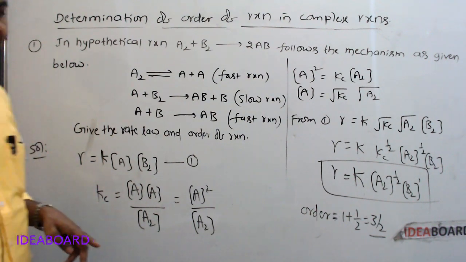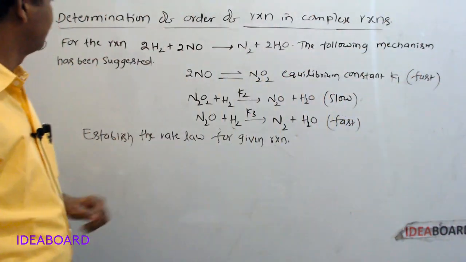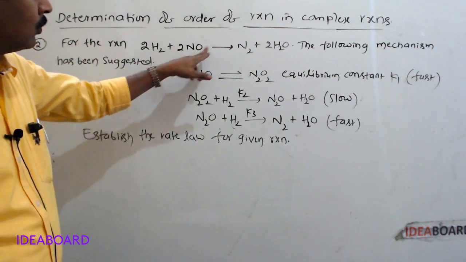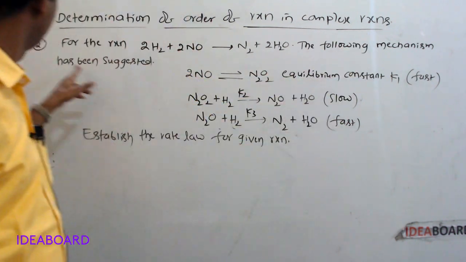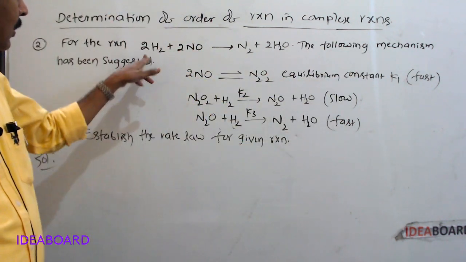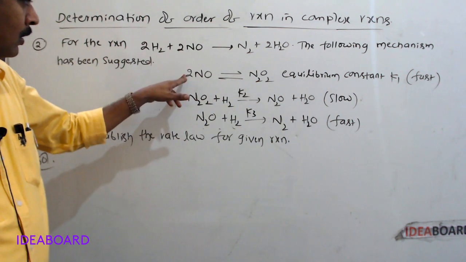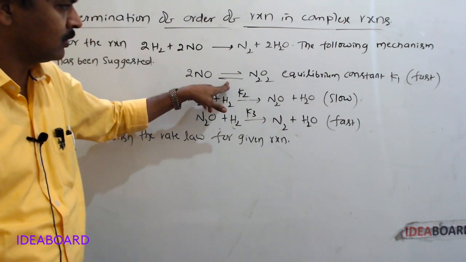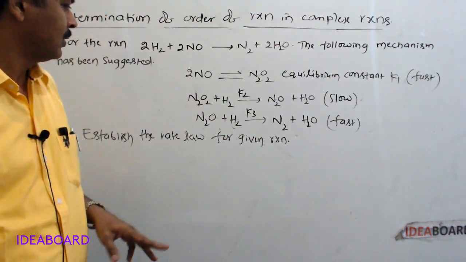Next, one more example I will give. Second one: for the reaction 2H2 plus 2NO gives N2 plus 2H2O, the following mechanism has been suggested. 2NO gives N2O2, a reversible reaction with equilibrium constant K1, and this is a fast step.